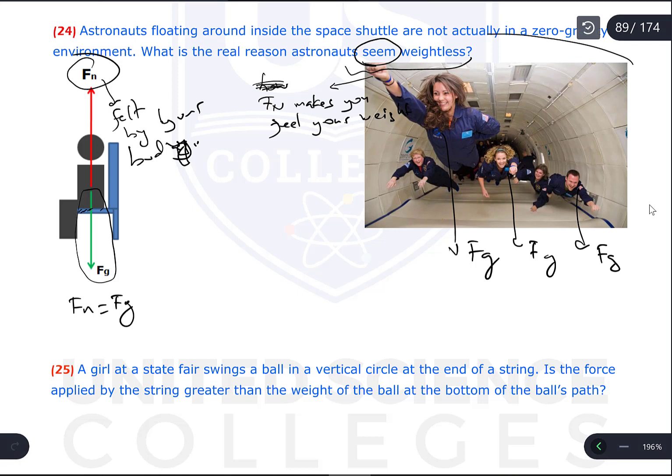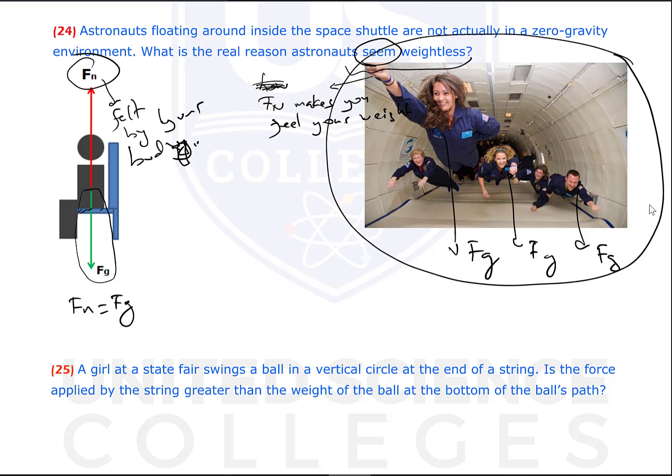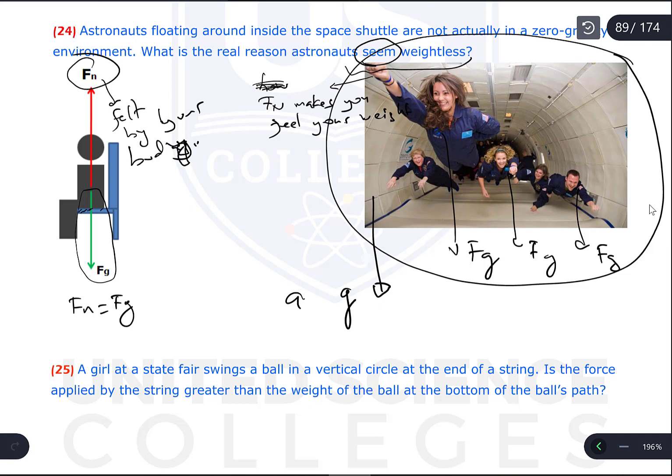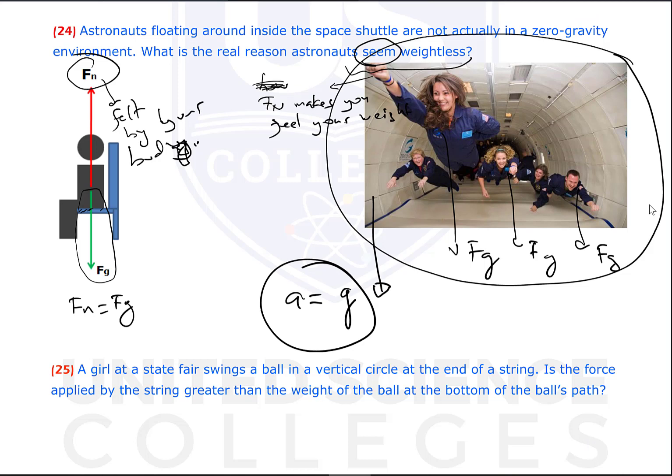So how can we make these astronauts not touch any surface? There is only one way. If they are inside a space shuttle which is diving with a free fall acceleration, they will not be touching anywhere. Because they don't touch anywhere, they are not going to feel their weight. So this is what apparent weightlessness means, or astronauts seem weightless.